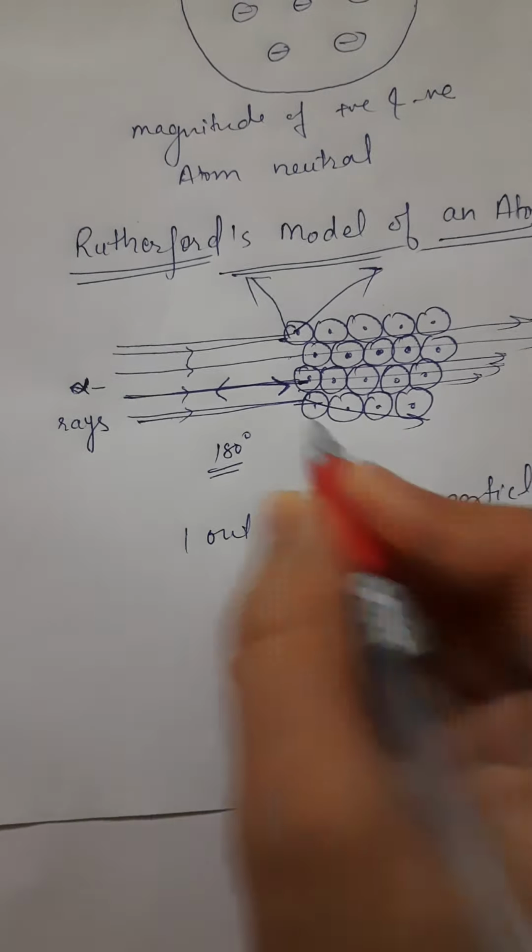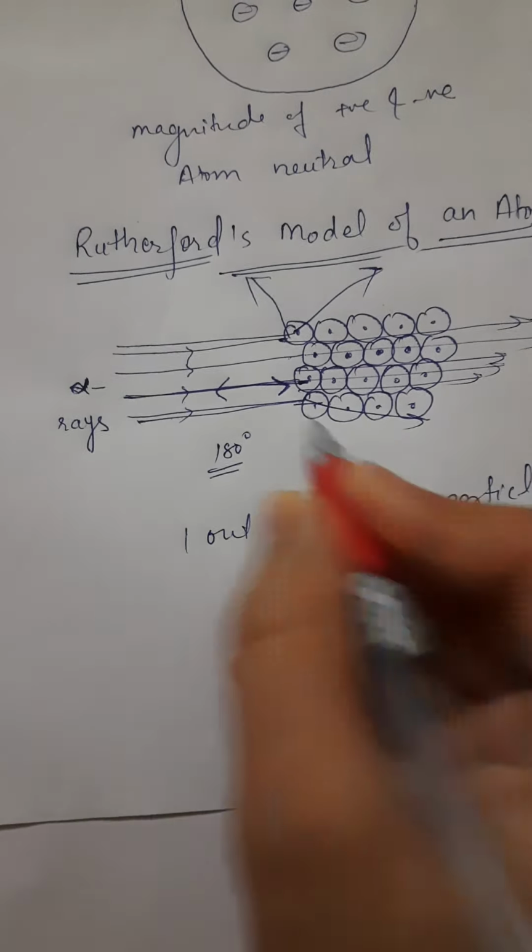This was the experimental model given by Rutherford to have the idea of structure of atom. This is the experiment, how he conducted it. What were his observations?